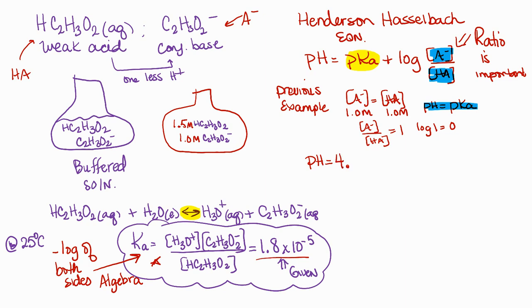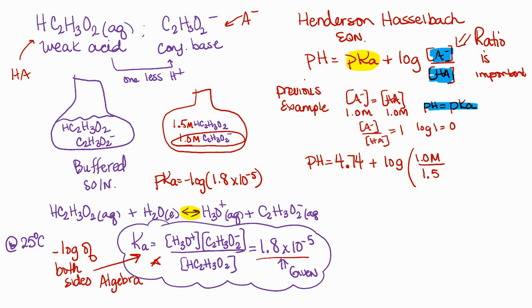So the pKa is 4.74. If you need me to, I'll show you again where that number would come from. That's the negative log of Ka. So pH equals 4.74 plus the log of A minus, so here's our new one, 1.0 over 1.5.